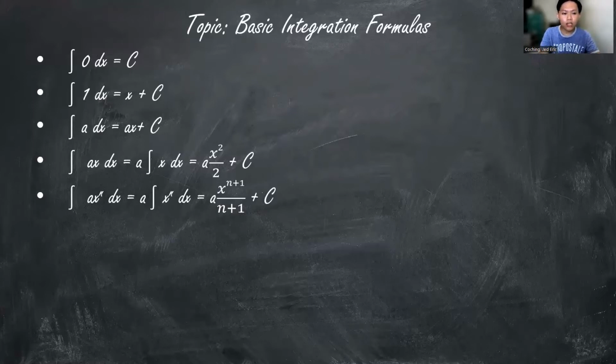As a is a constant, we can just put it outside the integral symbol so that it is easier to solve. So a times the integral of x dx, and the integral of x is x squared divided by 2 plus c. Then you just copy a.